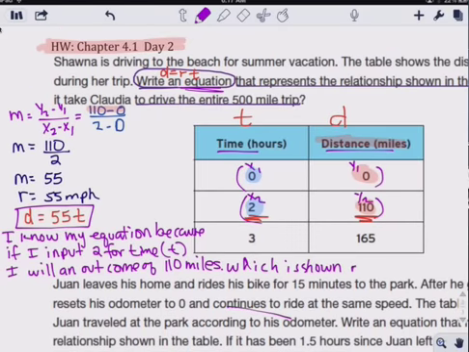I'm not sure, my grammar's bad. In the table. Well, whatever, you guys know, right?